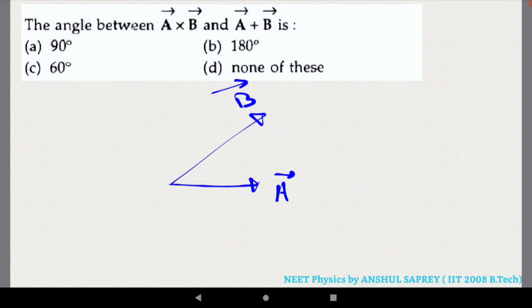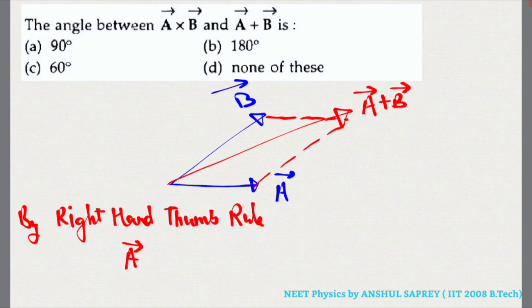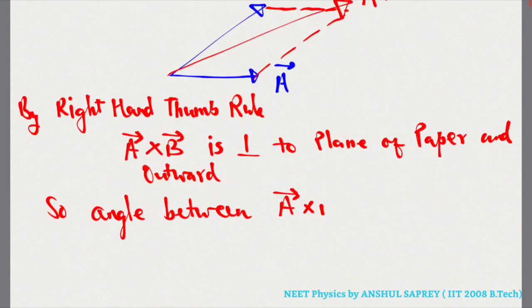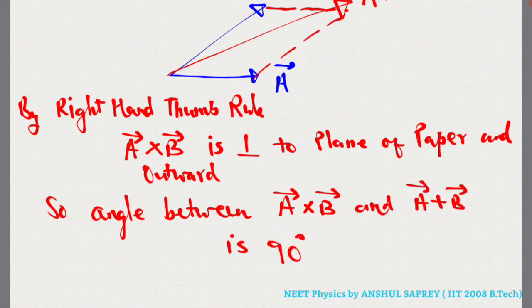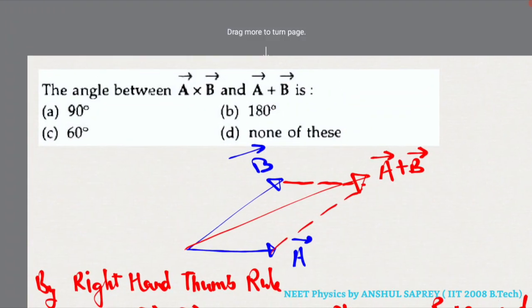If we complete the parallelogram, we get resultant A vector plus B vector, and according to the right hand thumb rule, A vector cross B vector is perpendicular to the plane of paper and outward. So the angle between A cross B and A plus B is 90 degree because A plus B is on the plane of paper. So correct answer is A.